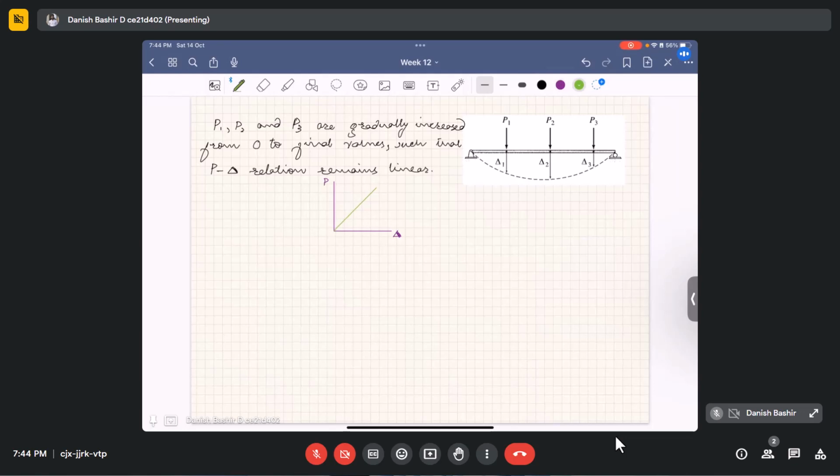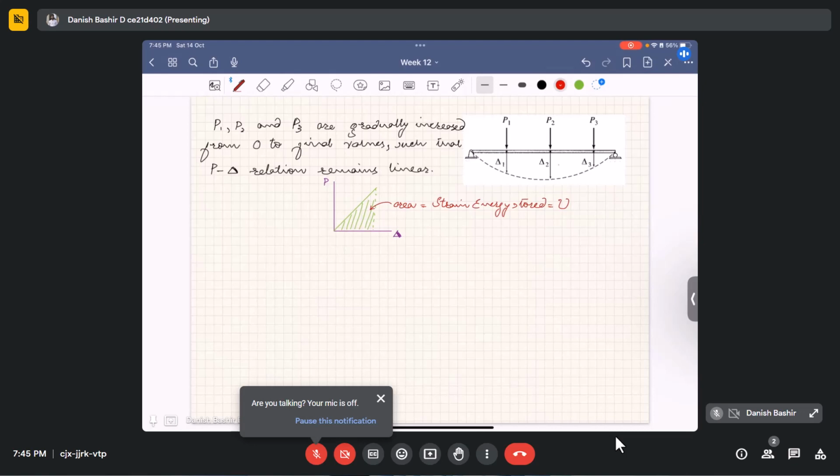P is increasing linearly, and the strain energy will be just the area under this P-delta curve. This area is equal to the strain energy stored. I have told this concept in the very beginning of this chapter, that the area under the P-delta curve is the strain energy stored in our system.